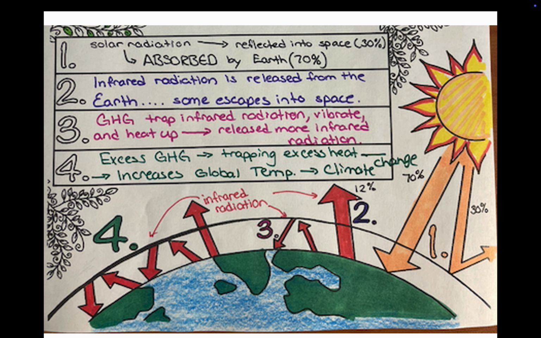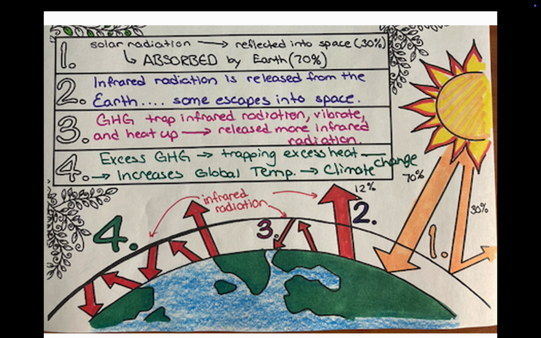Some of them do get out, about 12%, as you can see from the picture, about 12% right here get released and escape out of the atmosphere. But then the rest of it is all captured by these greenhouse gases in our atmosphere. And they begin to bounce back and forth trapped inside of our atmosphere. Again, some of it will escape over time, as you see, but those greenhouse gases are what trap it.